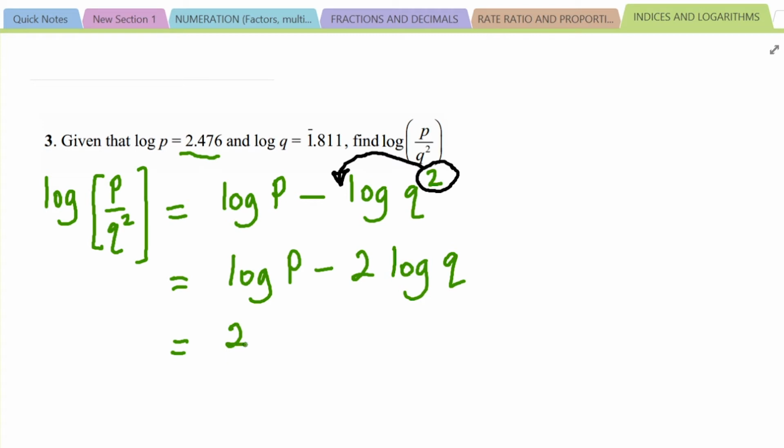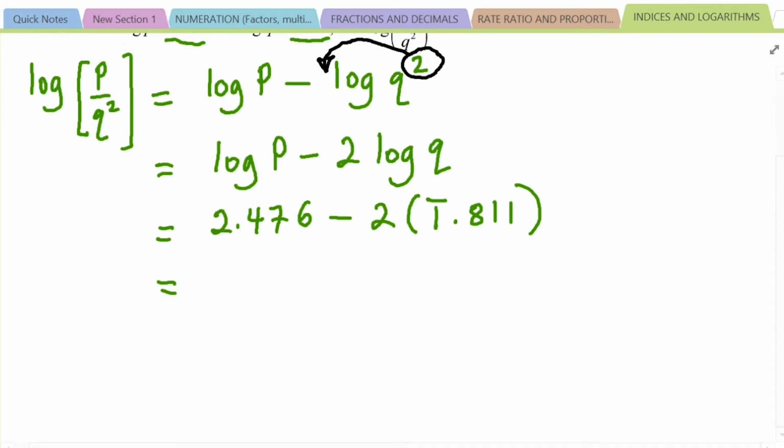So this is going to become 2.476 minus 2 times log of q, which is here, showing bar 1.811. So one of our logarithms there has a negative characteristic.